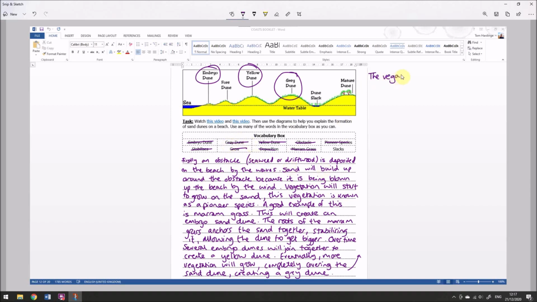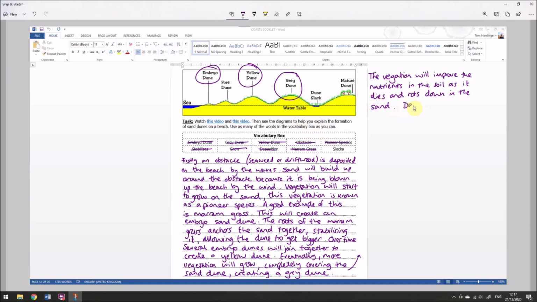We could also talk about how the vegetation will improve the nutrients in the soil as it dies and rots down in the sand. What we also get are these depressions forming in between the dunes, which we call slacks.